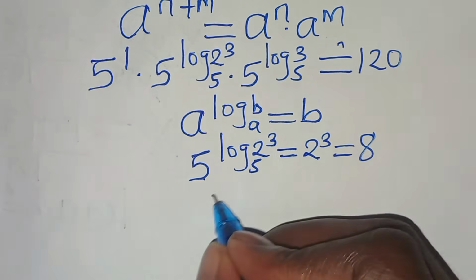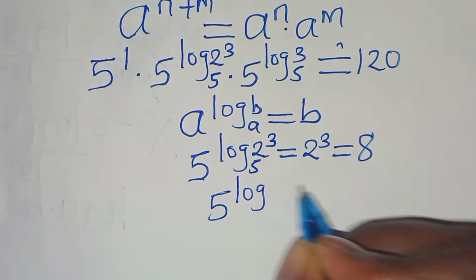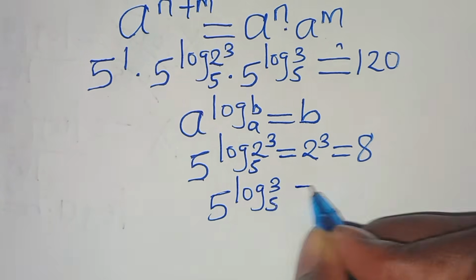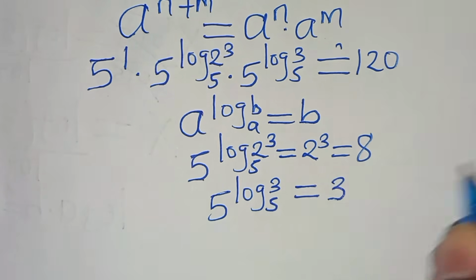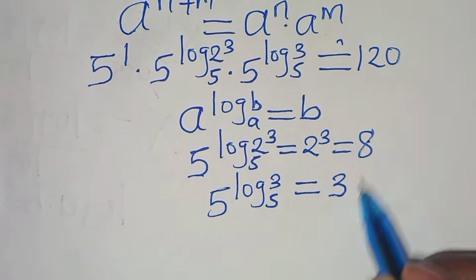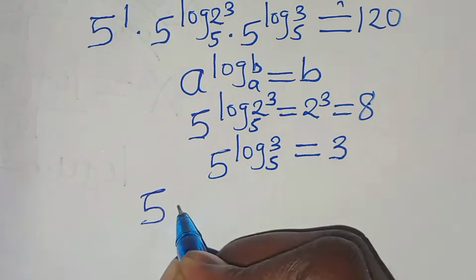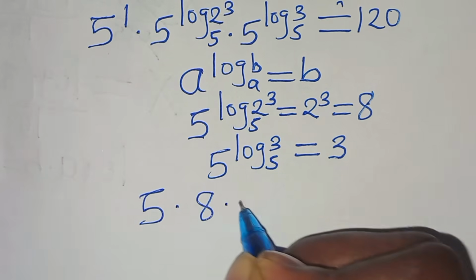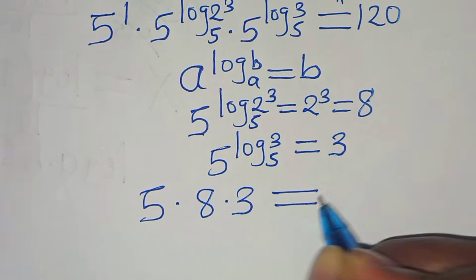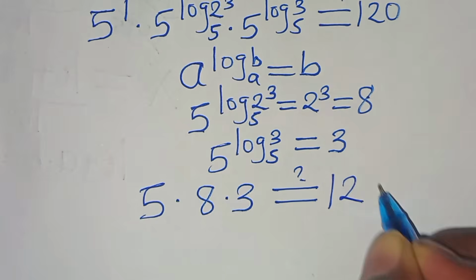And 5 to the power of log 3 to base 5 should give us a value of 3. So let's substitute 8 and 3 so that we have 5 multiplying by 8 multiplying by 3. This should give us a value of 120.